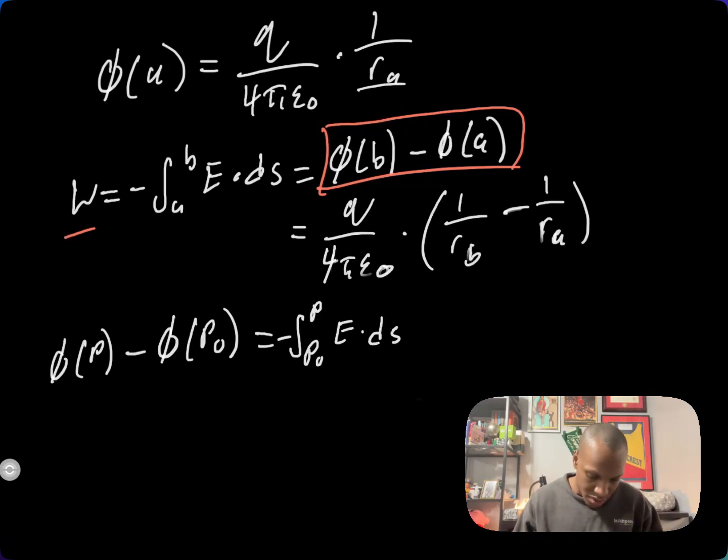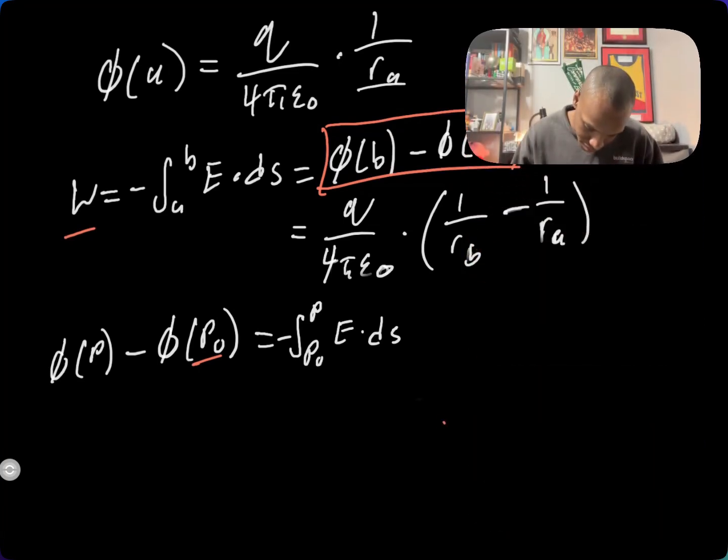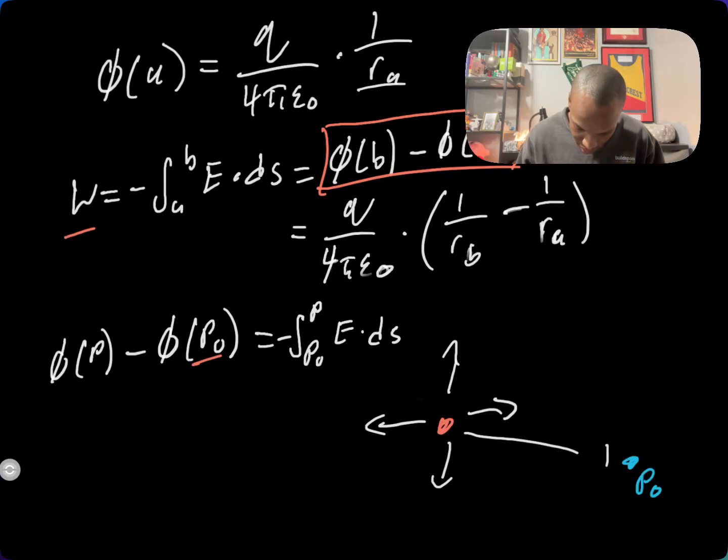But if we're careful about how we choose this point P naught, in particular, let's say we have this charge generating an electric field, and we want to choose our point P naught to be a distance of r equal to infinity away from our source charge.